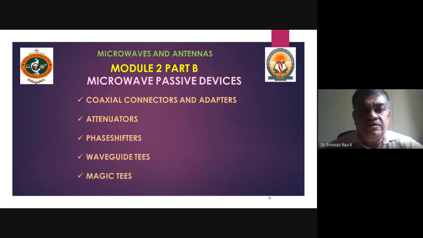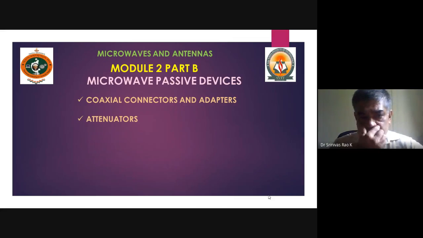Now after these coaxial connectors, we have the attenuators. As the name goes, an attenuator attenuates the signal. Sometimes in certain applications, in the waveguide section or in the coaxial section, we need to attenuate the wave. We do not want the full power to pass through the transmission line and get across to the load.